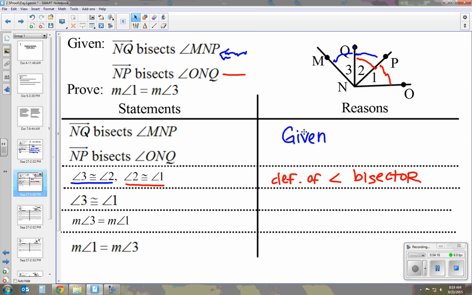All right, next up, angle 3 is congruent to angle 1. Well, I'm going to look at my line above because we've already done the given, okay? I notice that angle 2 and angle 2 can be canceled out using our transitive, leaving us with angle 3 is congruent to angle 1. So that's our transitive property of congruence, okay?